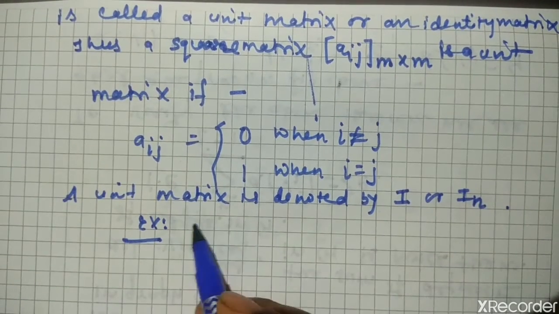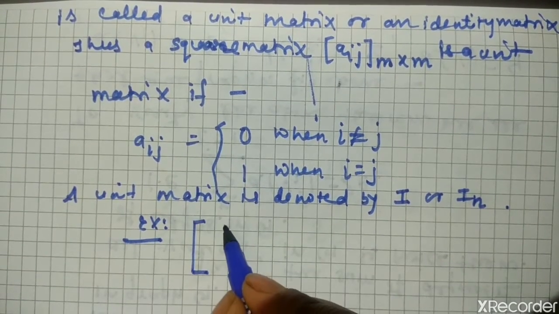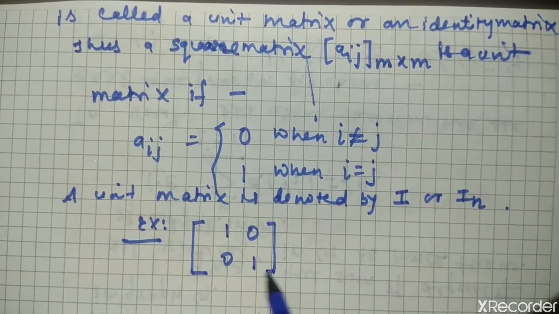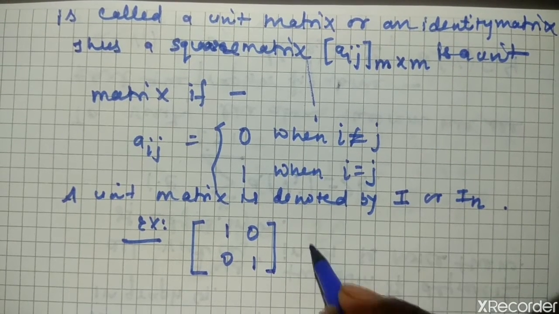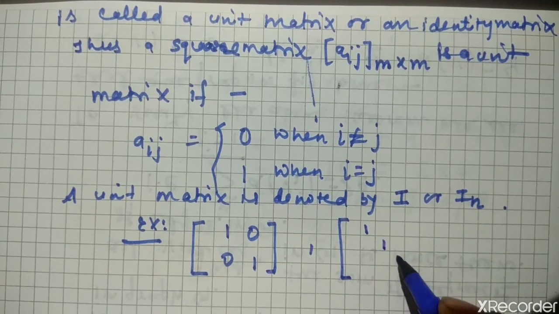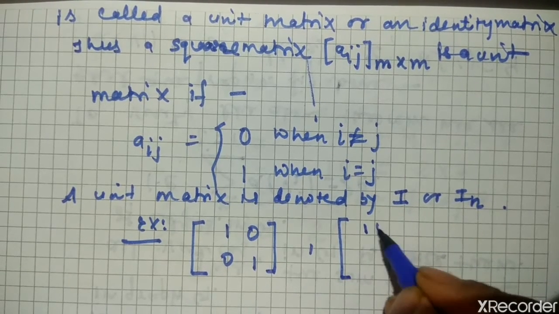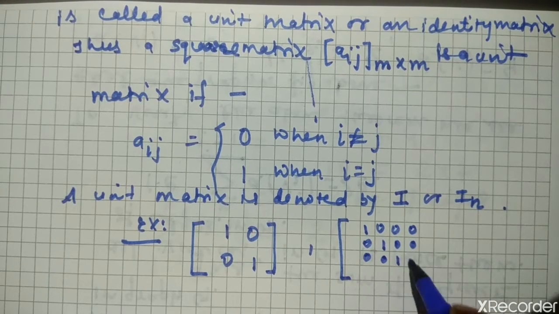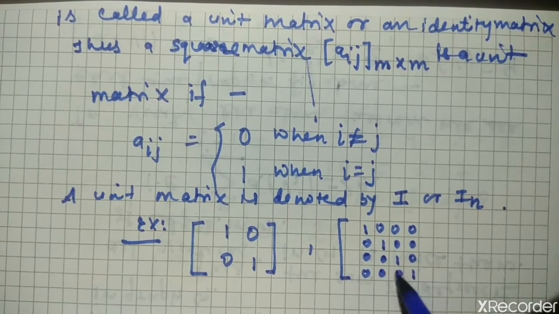Let us see some examples of the unit matrix. If we have a matrix like this with 1, 1 on the diagonal and 0, 0 elsewhere, then we can say that this is a unit matrix of order 2. Next is 1, 1, 1, 1 on the diagonal with all other elements 0.